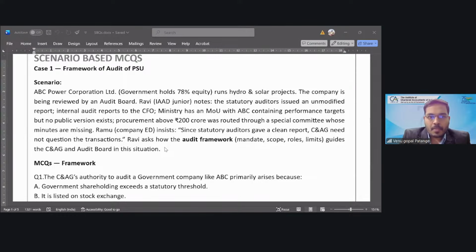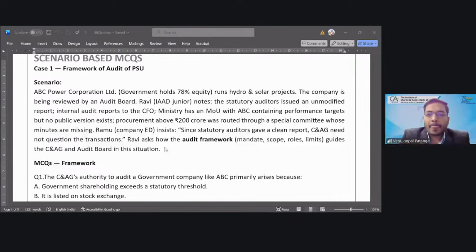So this is case one, framework of audit of PSU. The scenario is ABC Power Corporation Limited, where government holds 78% equity, and runs hydro and solar projects. The company is being reviewed by an audit board. Ravi, IAAD Junior, notes the statutory auditors issued an unmodified report. The internal audit reports to the CFO. The Ministry has an MOU with ABC containing performance targets, but no public version exists.